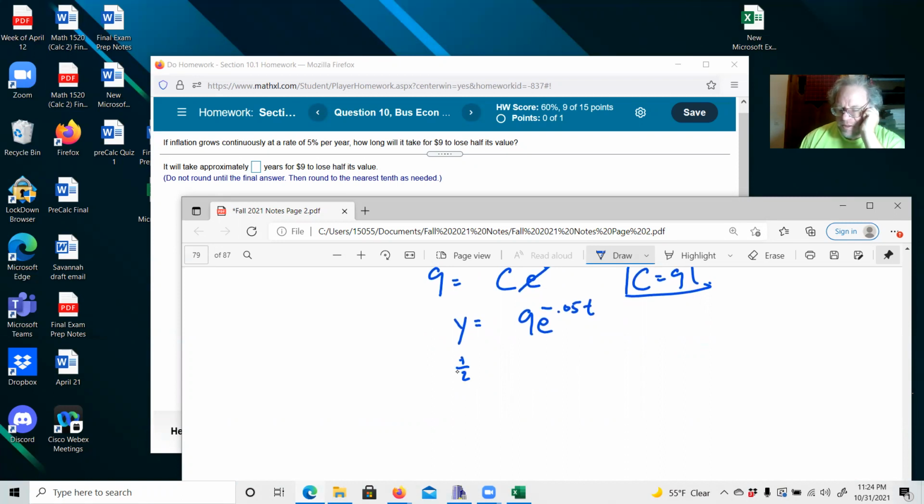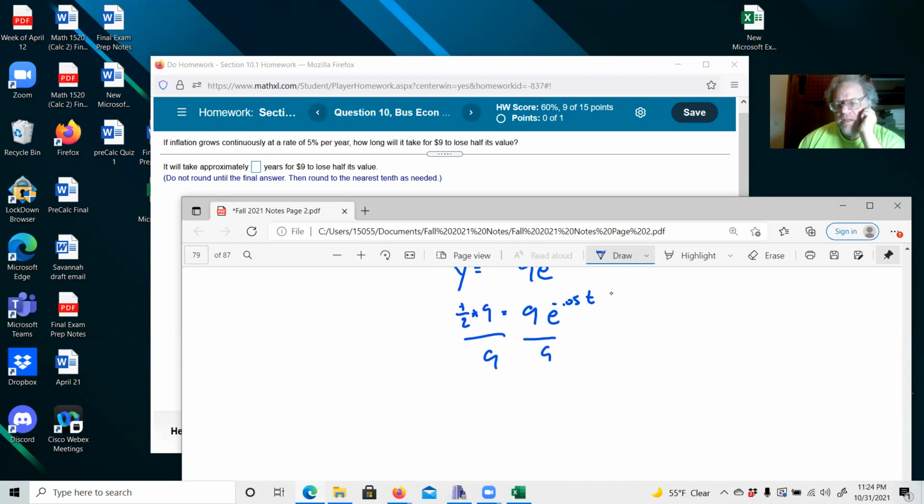Why don't we write half times 9 equals 9e to the negative 0.05 t. We're going to divide both sides by 9, and we end up getting 1/2 is equal to e to the negative 0.05 t. We've got to solve for t.